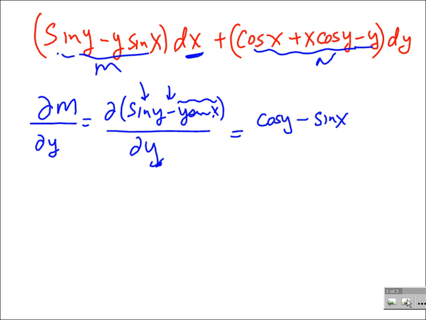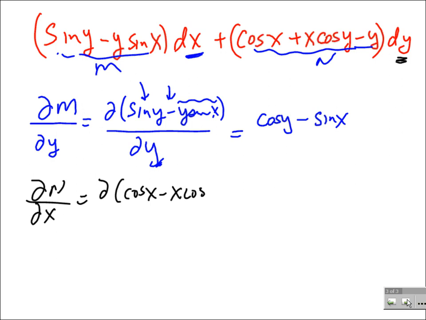Okay, now let's look at the partial of N with respect to not y, but x. Take the partial of this with respect to x. So we do it term by term. With respect to x, the derivative of cosine x is negative sine x minus.